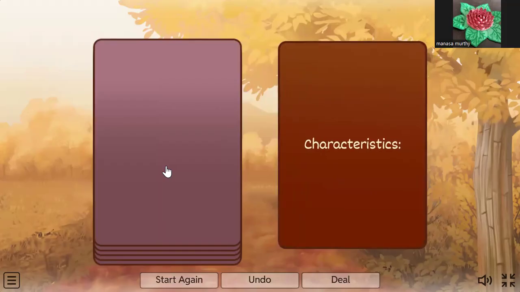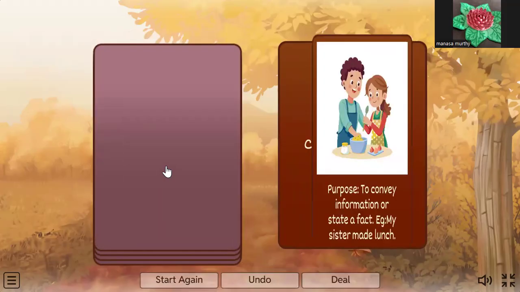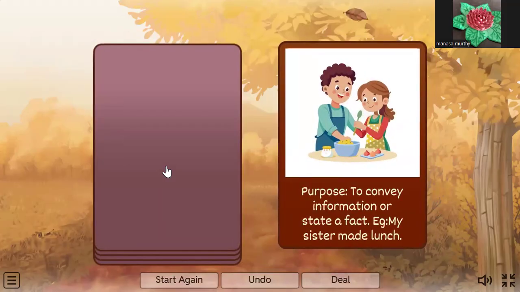So what are the characteristics we look for in a declarative sentence? Purpose: to convey information or to state a fact. My sister made lunch. It is conveying information. Who prepared lunch? My sister prepared lunch.